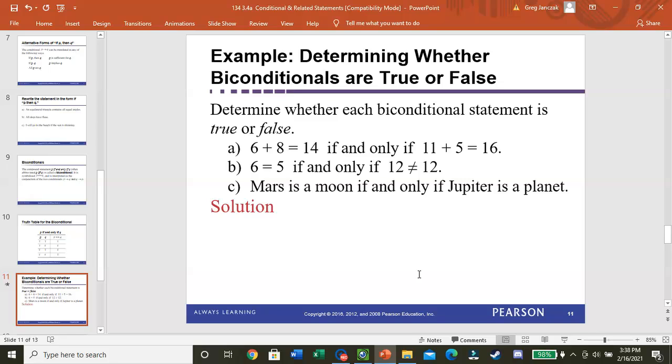Q is 11 plus 5 equals 16. So we're saying if P, then Q. This is A.